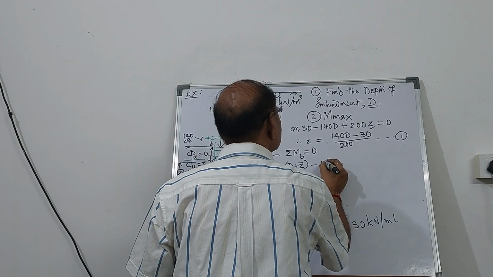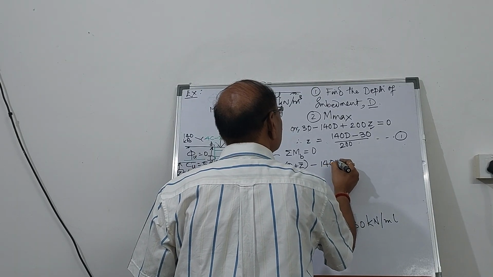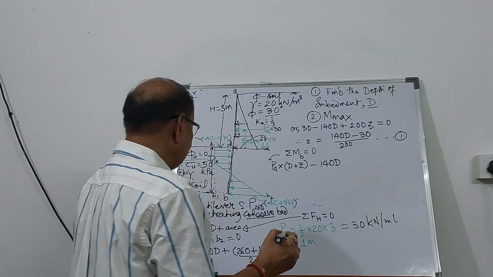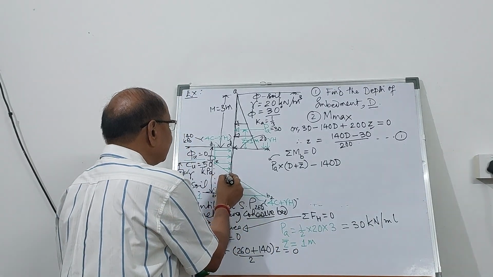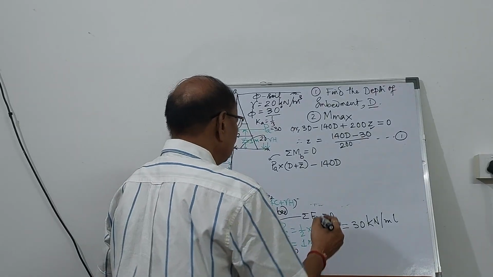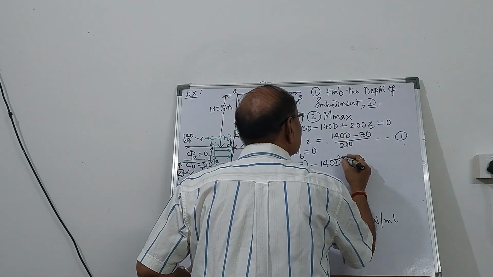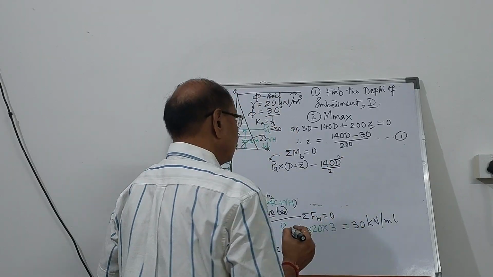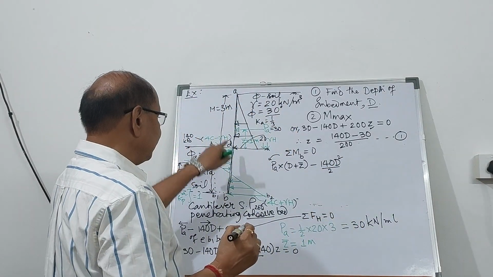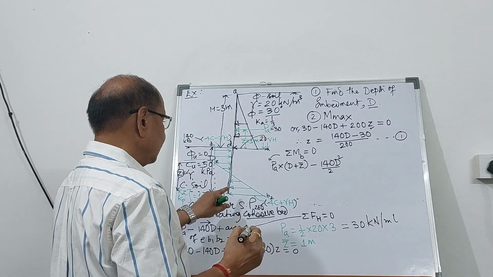So minus 140D about B, the force will be acting at D by 2. So it becomes D squared by 2. So this force has been taken into consideration.